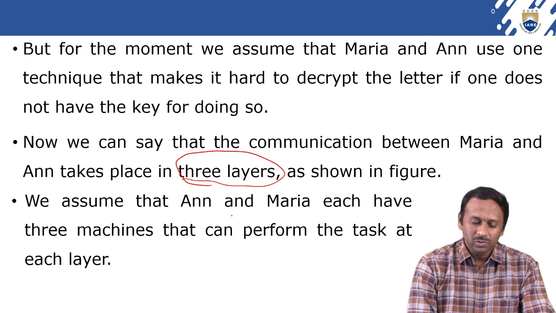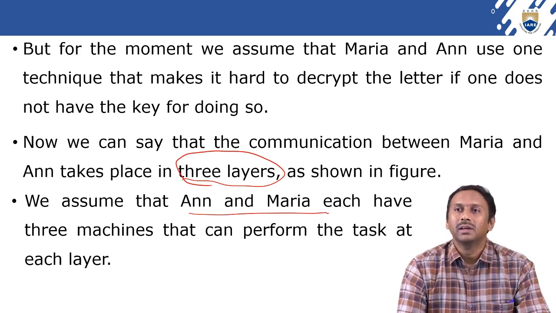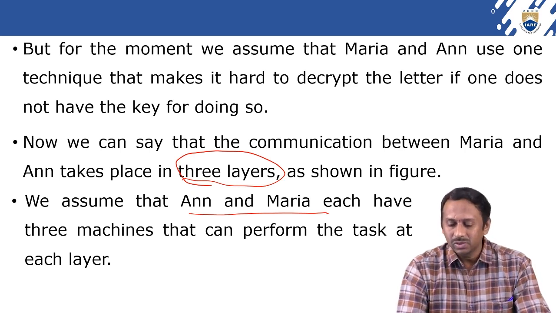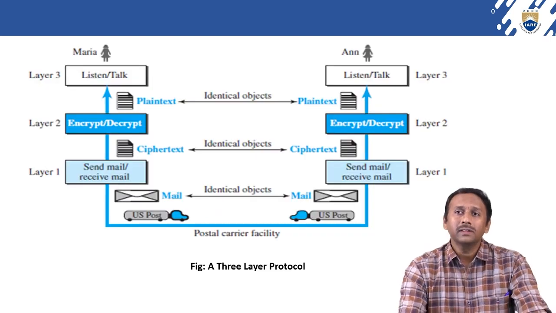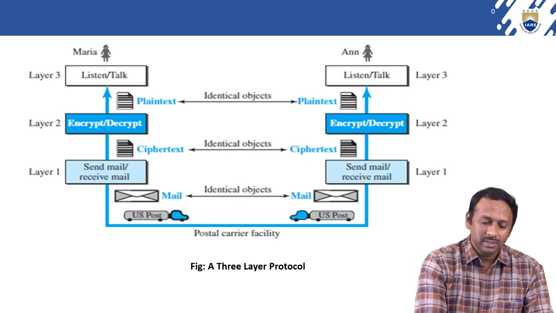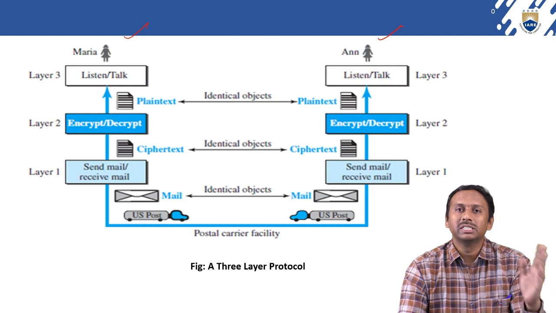We assume that Anne and Maria each have three machines that can perform tasks at each layer. So we'll see the figure and discuss it clearly. This is a three-layer protocol, and here are Maria and Anne, two persons in different places.